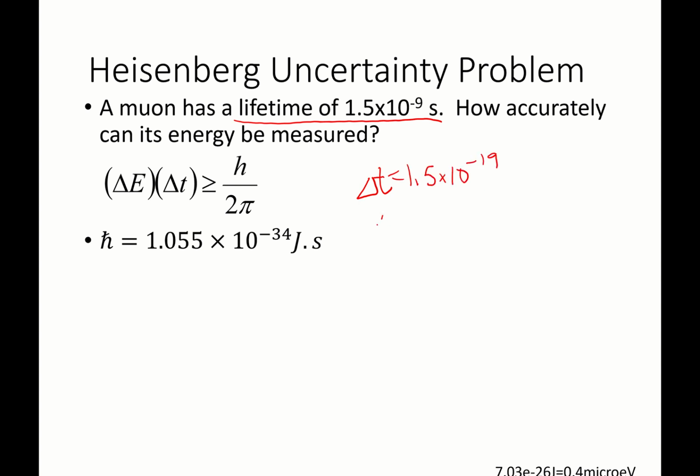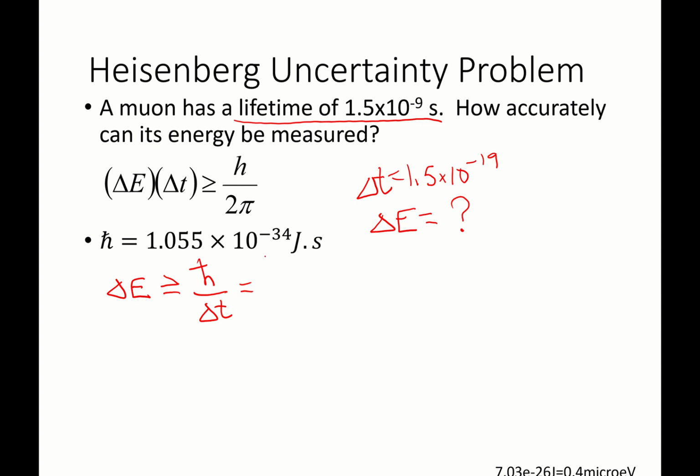And they ask us, how accurately can we measure the energy? So in other words, what's delta E? I've got delta E times delta t is greater than or equal to h bar. So delta E is greater than or equal to h bar divided by delta t.